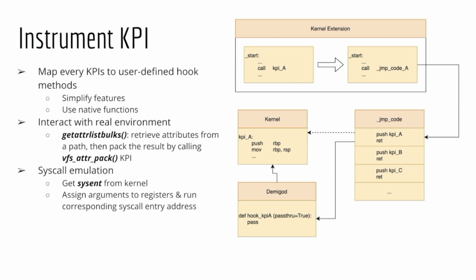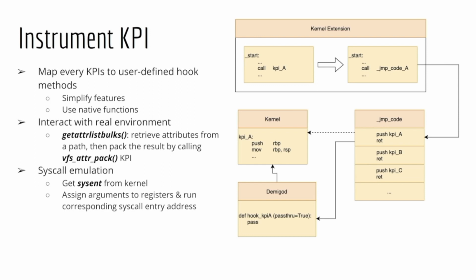And for some functions unrelated to the host environment, I give the driver a chance to interact with the real machine. For example, get attribute list bulk is a function to retrieve every entry in a directory. So I just scan all the files and folders in the directory and pack them using the VFS attribute pack function from the kernel.